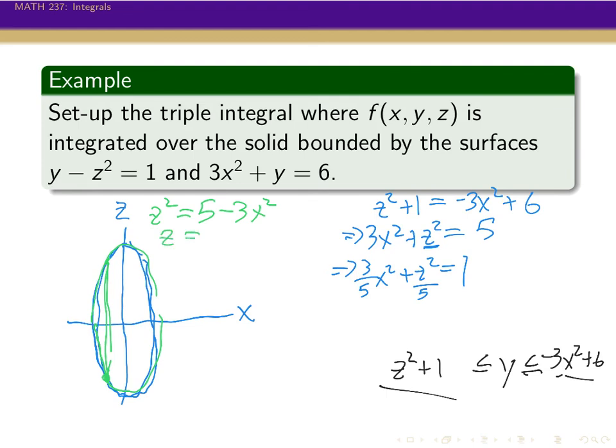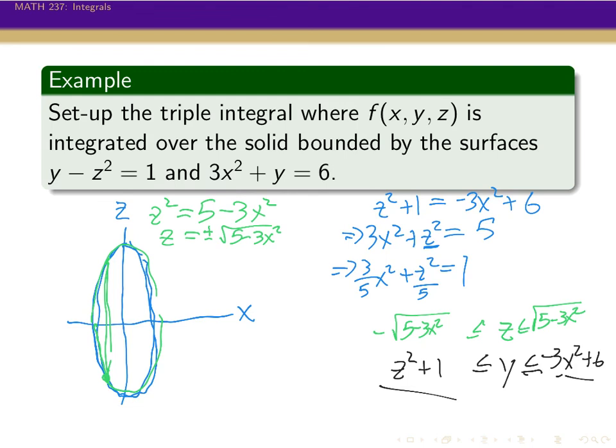So z is plus minus the square root of 5 minus 3x squared. And so our z bounds are going from minus the square root of 5 minus 3x squared, and then our upper bound is the square root of 5 minus 3x squared.